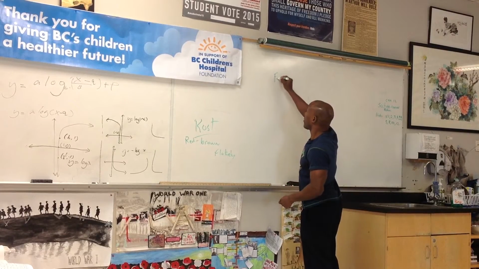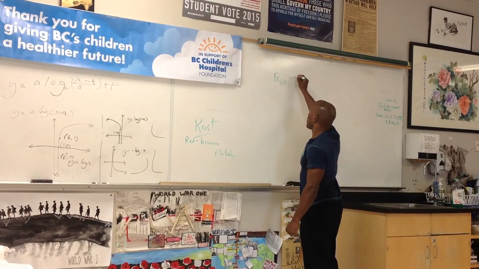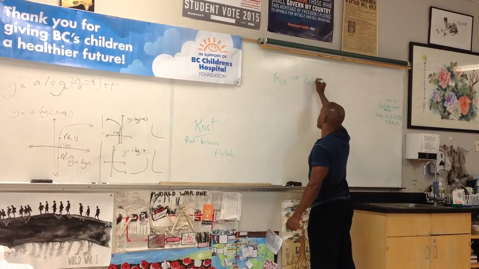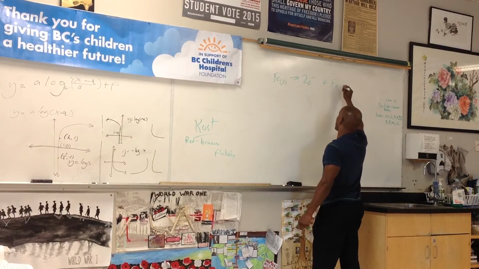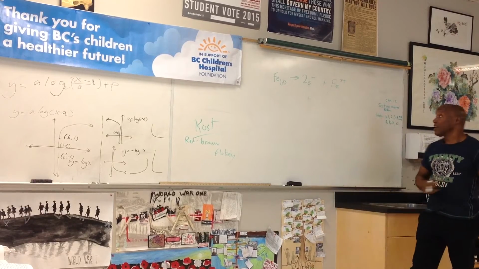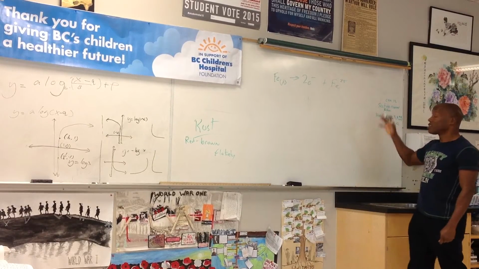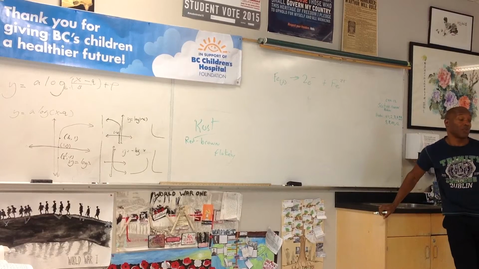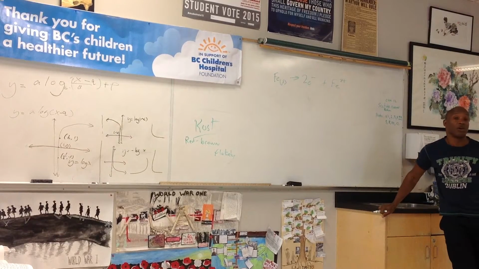Well, you know that iron likes to give up its electrons. So iron solid will give up 2 electrons and become iron ion, so the ferrous ion, and there's an oxidation potential associated with that. What's the oxidation potential for this reaction?